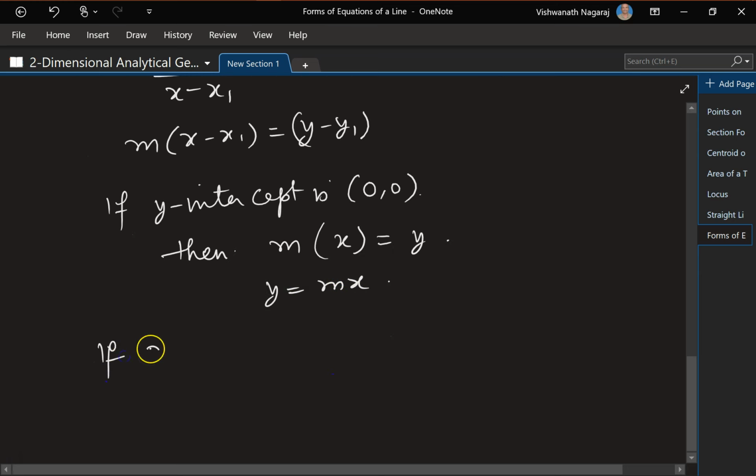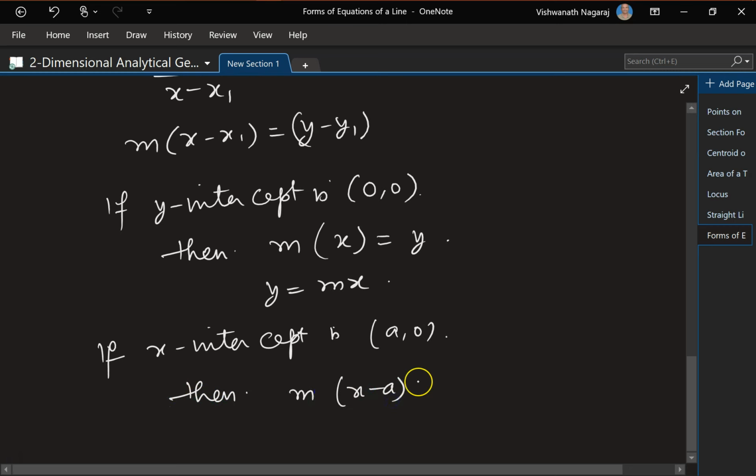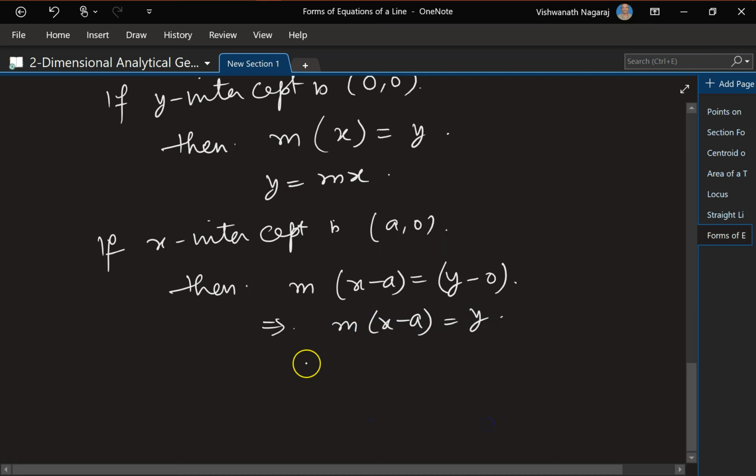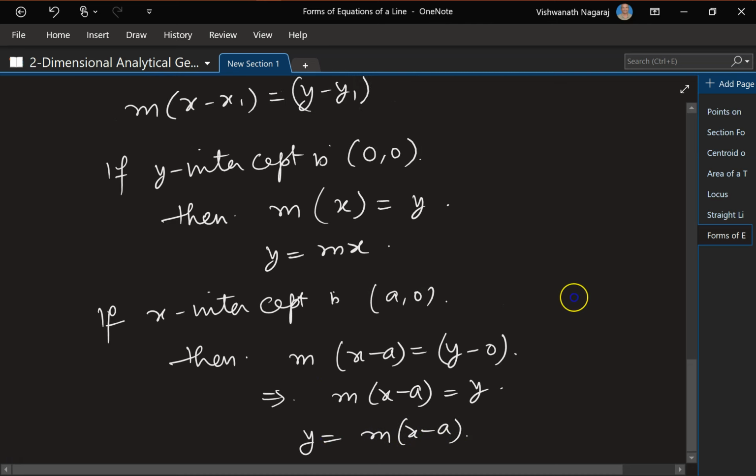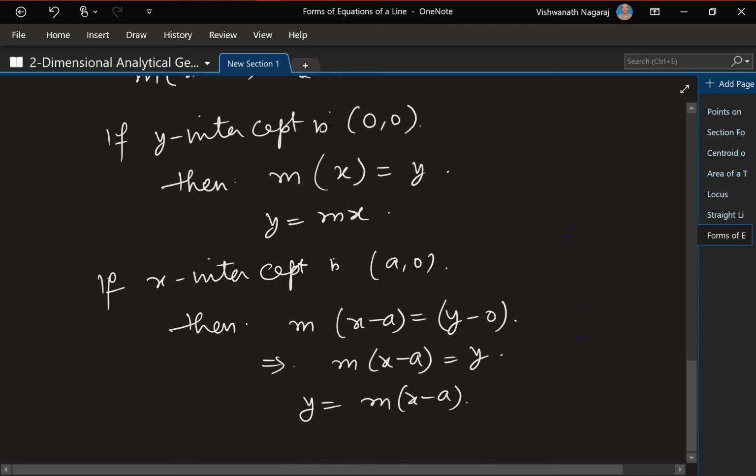Now if the x-intercept is at a comma 0, then m times x minus a is equal to y minus 0, or much more appropriately y is equal to m times x minus a. See, try to understand it by drawing the graphs. It becomes much easier to follow.